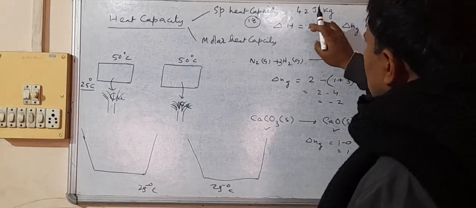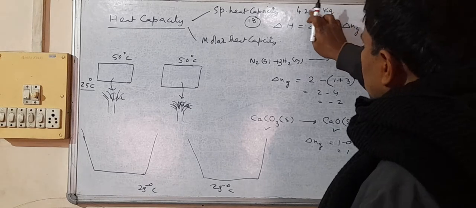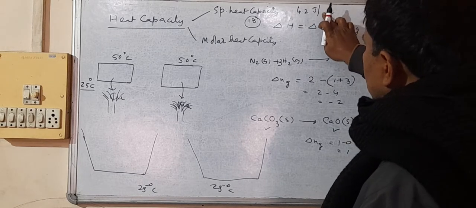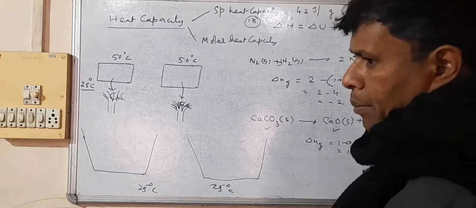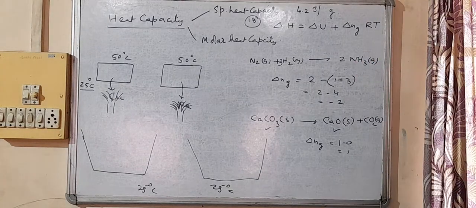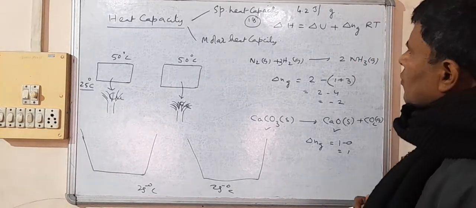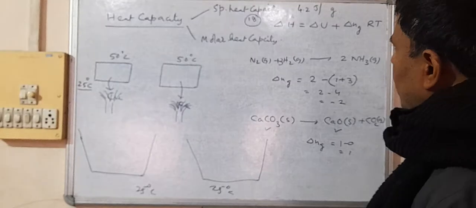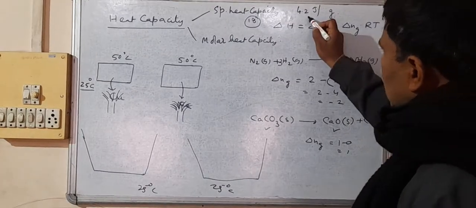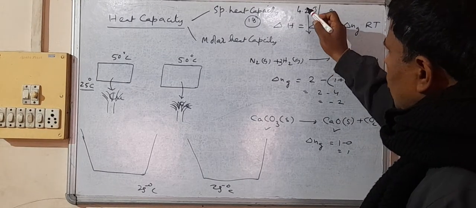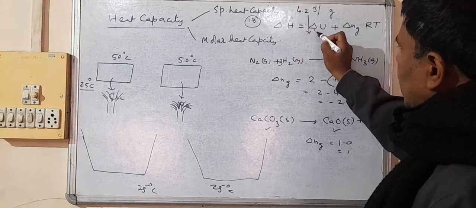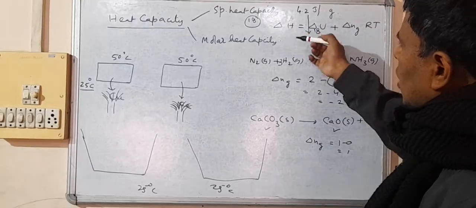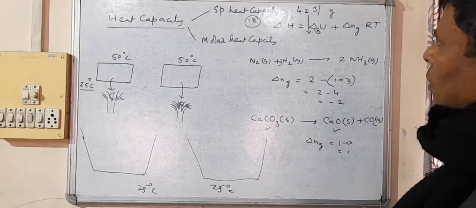Suppose specific heat capacity is given in joules per gram. Then if we multiply this by molar mass, suppose 18, it will become molar heat capacity.